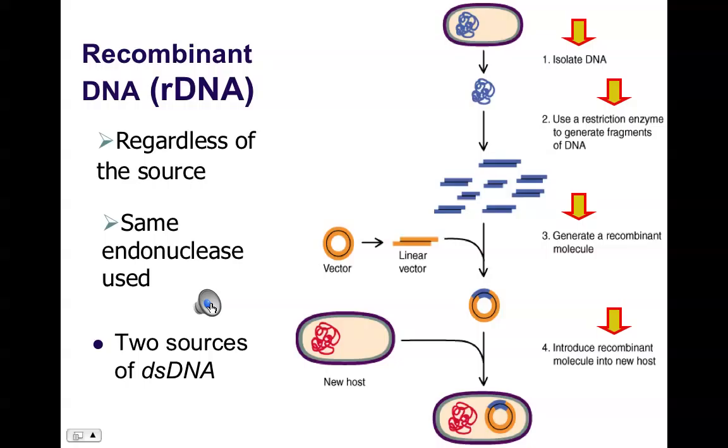Once we've manufactured our recombinant DNA, now we have to somehow transport it into our target cell. Initially, many years ago, of course, this was simply transferring DNA from one bacterium to another, particularly artificially creating these recombinant structures.